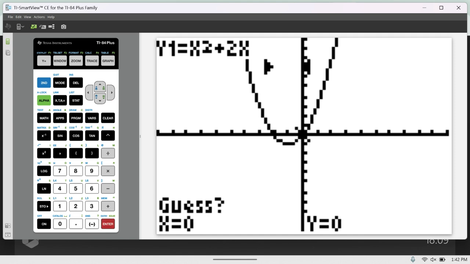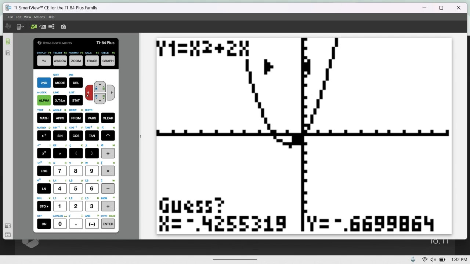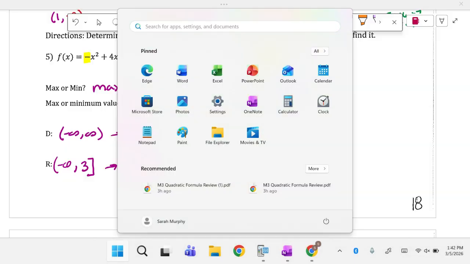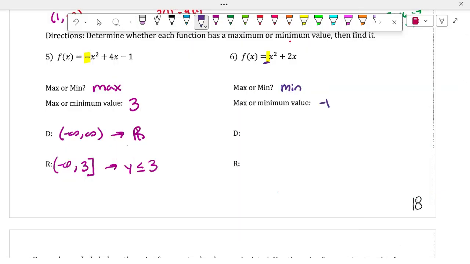Hit enter. And then go to the vertex as best as I can. Hit enter. So -1 is the vertex. So my minimum value is -1. So that's the y value of the vertex.